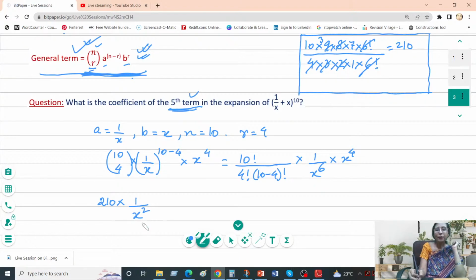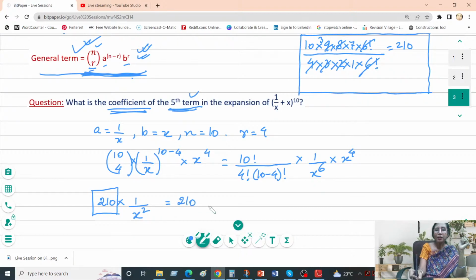So whenever they say find the coefficient, what is the coefficient? It is usually the numerical coefficient. They imply the numerical coefficient. Coefficient of what? That is not written over here. It is the coefficient of x to the power of -2.